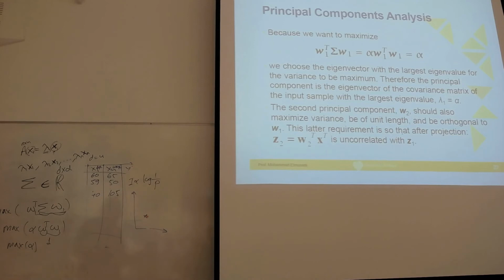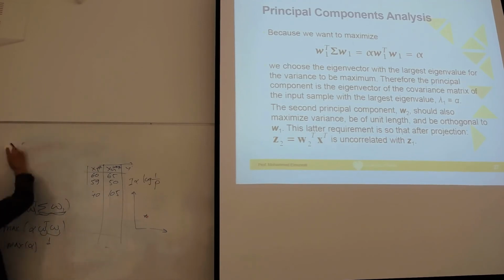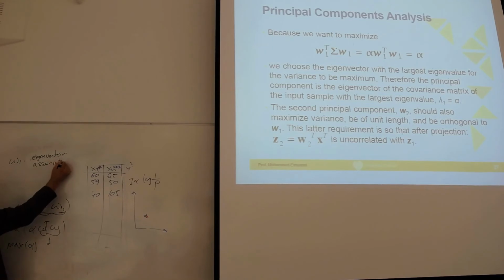And when we do that, we have obtained the first component of the projection. Because now we build W1. W1 is the eigenvector associated with the maximum eigenvalue.